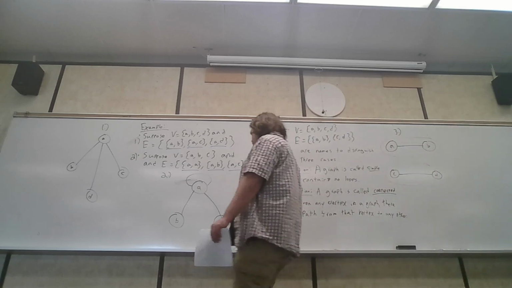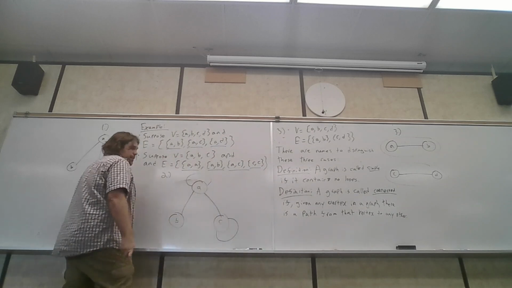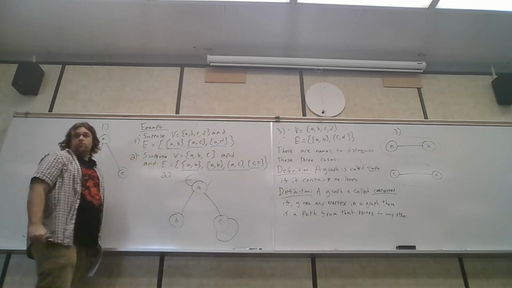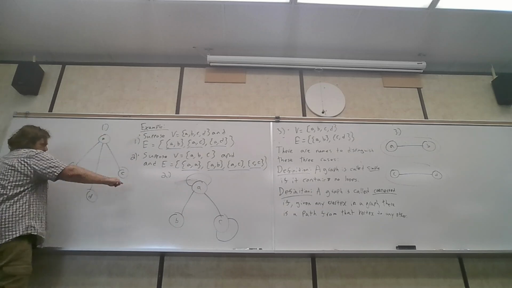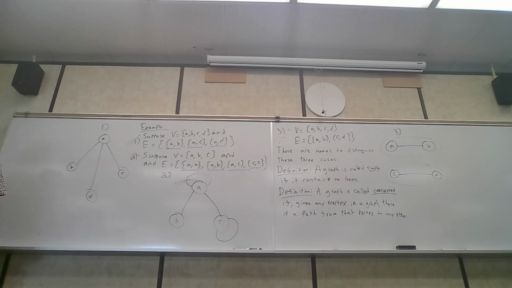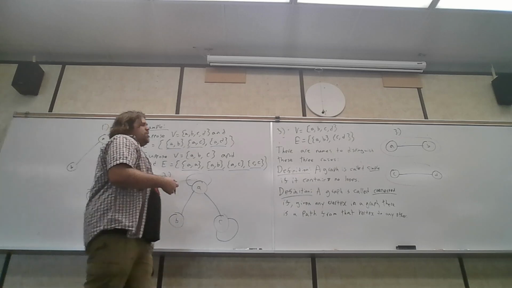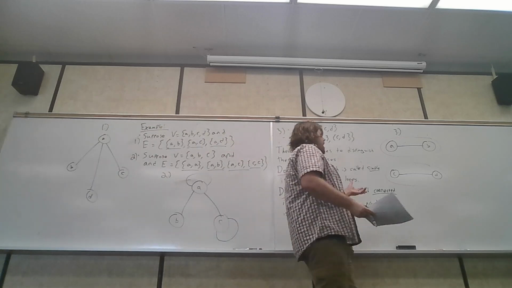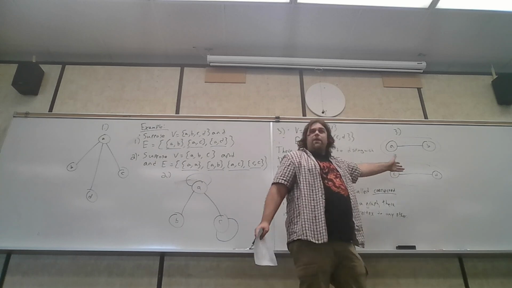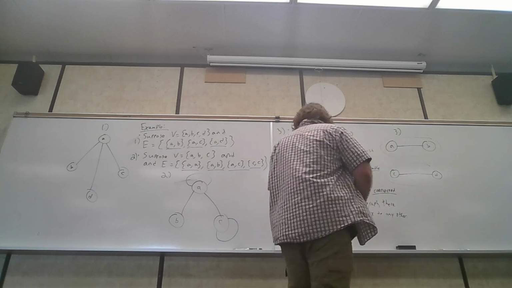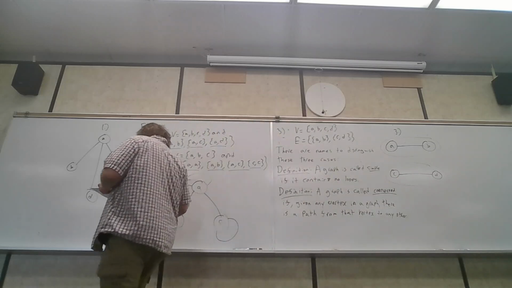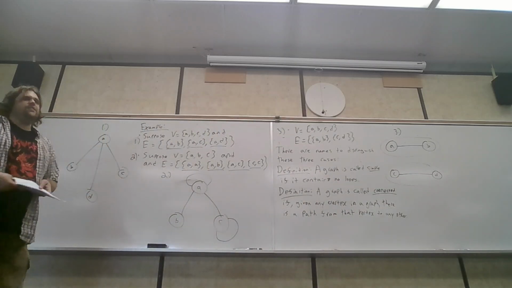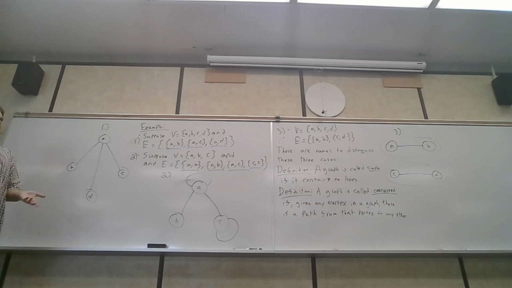Whereas we look at these, if I pick B and I want to get to C, there we go, right? Here, if I want to go from D to C, there we go, right? So connectedness really is sort of, everything is sort of connected, right? It's a pretty natural word. It matches your intuition, which is one of the nice things about graph theory, and discrete math in general, actually.